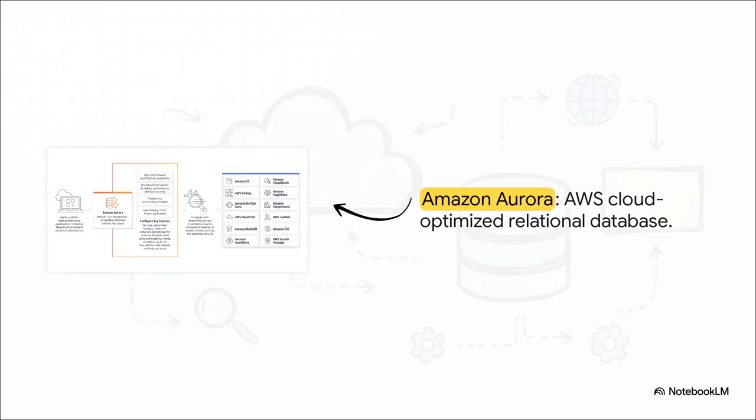But hey, if you need absolute peak efficiency, you're going to want Amazon Aurora. This is AWS's proprietary global-scale relational database, heavily optimized from the ground up for the cloud. It packs continuous backups, automated multi-region replication, and a really cool serverless compute option that dynamically scales in response to your actual usage. Plus, its storage automatically grows in 10 gigabyte increments all the way up to a massive 128 terabytes.